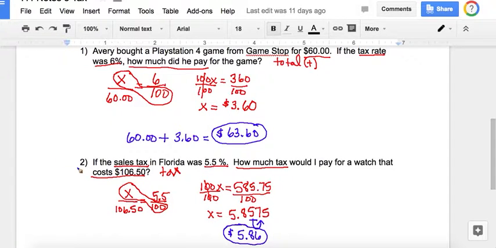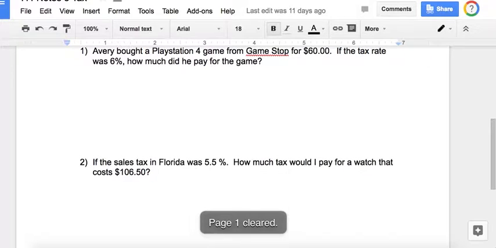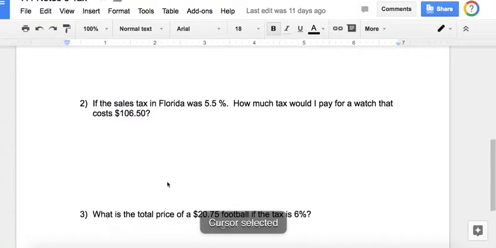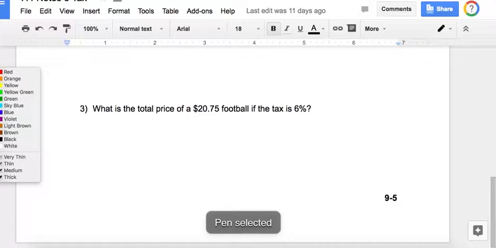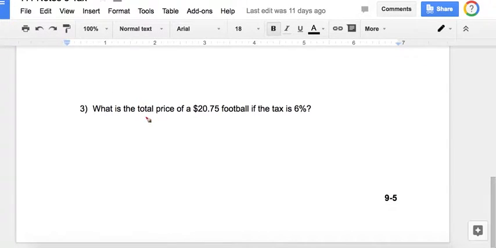Okay, let's move on to the last example. Okay, it says, what is the total price, so underline total price, of a $20.75 football, so underline $20.75, if the tax is 6%, so underline tax is 6%.